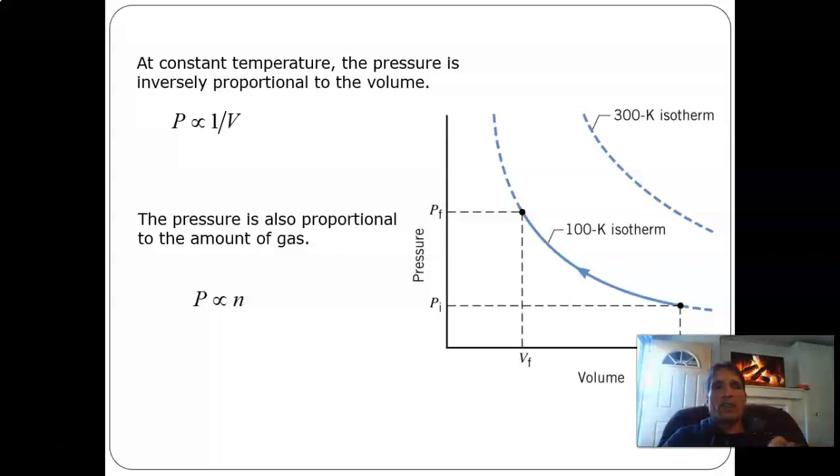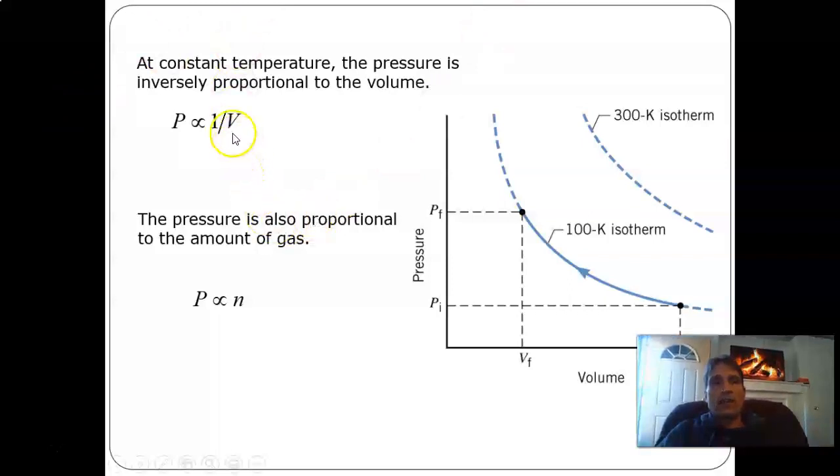That's just because if you have the same number of molecules but they're spread over a larger volume, they're not going to collide as often with the walls of the container, and they're going to exert a smaller pressure. And so as gases expand, the pressure decreases if we keep the temperature constant.